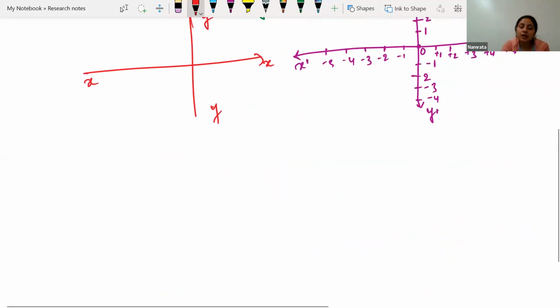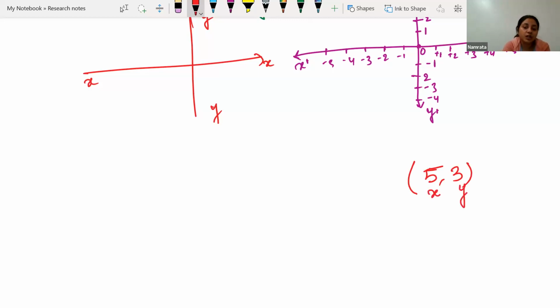Now, whenever a point is given, let's say the point is 5, 3, just by looking at this point, you need to understand the first one is the x value and the next one is the y value. Here the first one is also called the abscissa and the next one is called the ordinate. So the y value is called the ordinate and the x value is called the abscissa.